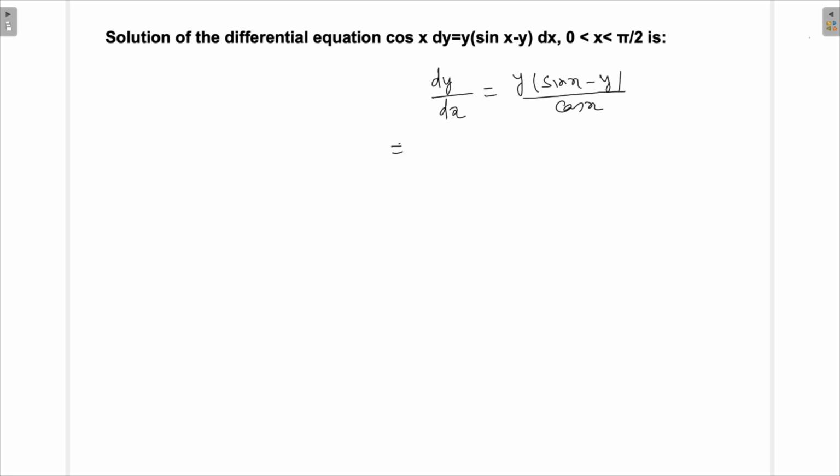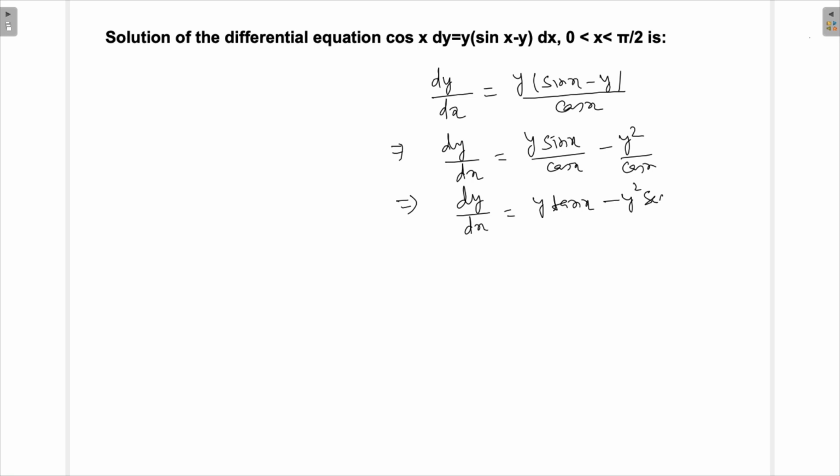So this will become dy by dx, and then y sin x by cos x, and multiplying y with y, this becomes y square upon cos x. In the next step, I could write it as dy by dx equals y tan x minus y square sec x.